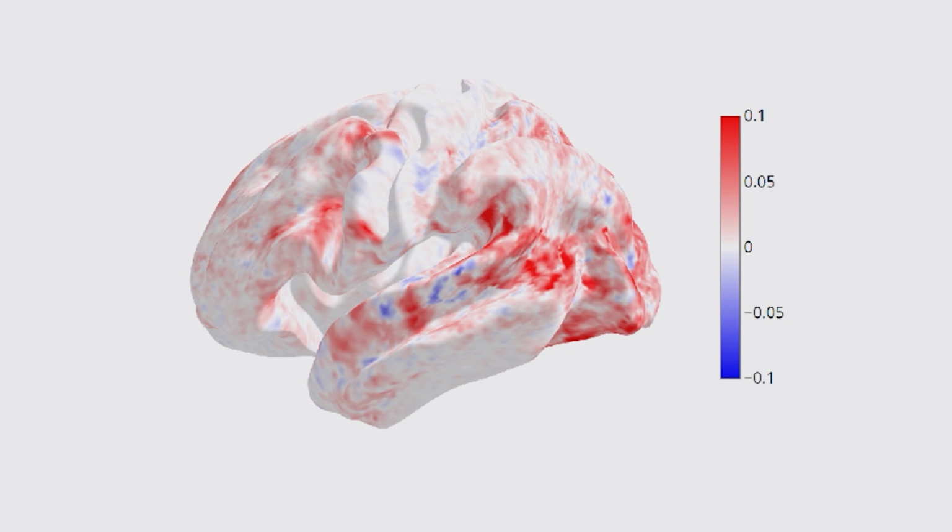In this plot, in red, you're seeing the regions where the integrated alignment was superior to pure MSM-All. In blue, you're seeing the regions where the new method was inferior to MSM-All. And so most of the brain is red, happily for me.